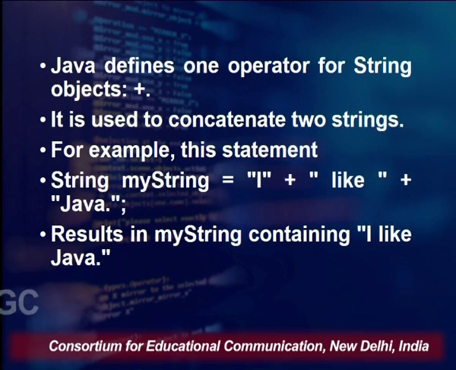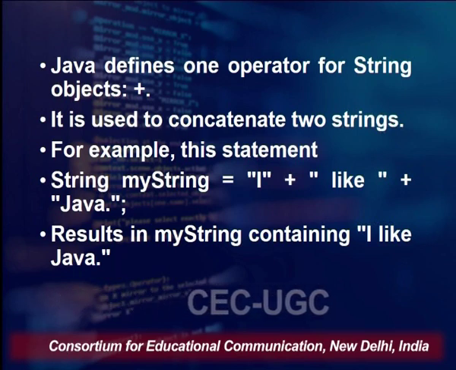One is "I", which will be concatenated with the string "like", also in double inverted commas, and again it will be concatenated with the string given in double inverted commas, "Java". And if you print this myString, you are going to get I like Java.